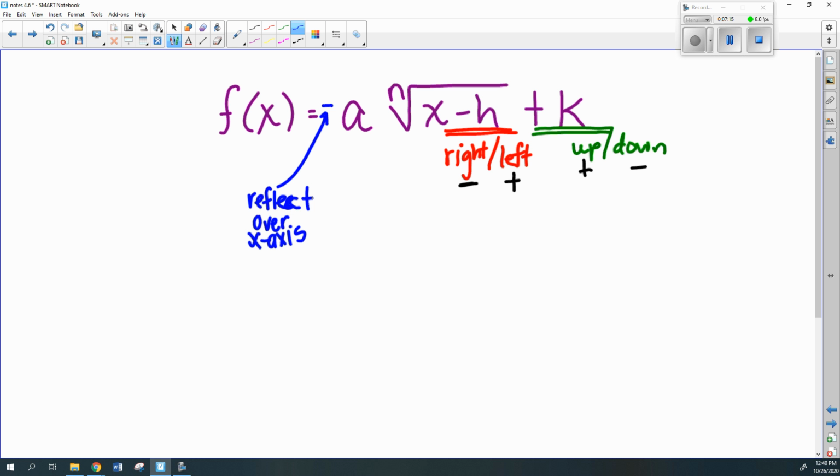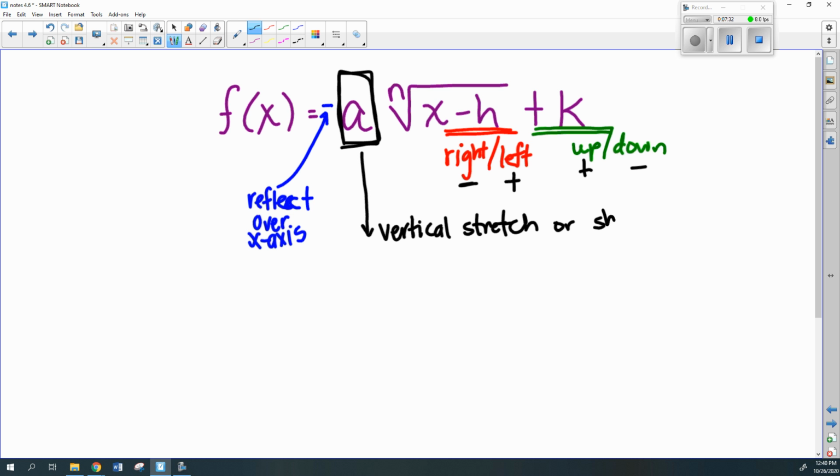All right, so then the last piece that we haven't talked about yet is the a. And the a is what decides if you have a vertical stretch or shrink. And then you have to remember how to know the difference. Well, you're going to have a stretch if the absolute value of a is greater than 1.